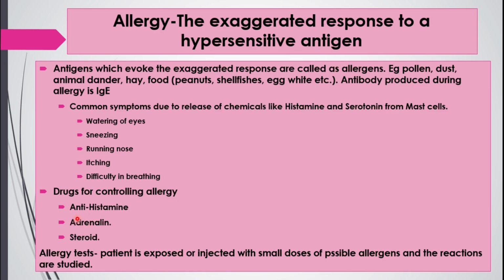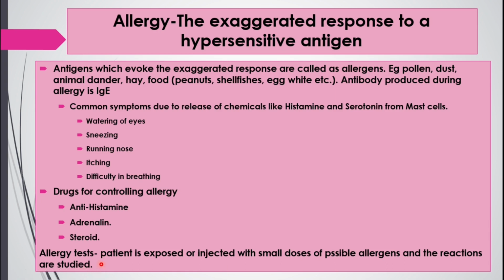Now, how do we test whether a person is allergic or not? There is a group of tests called allergy tests. Now, what exactly is this test? The patient is either exposed or injected with small doses of possible allergens, and the reactions are studied.